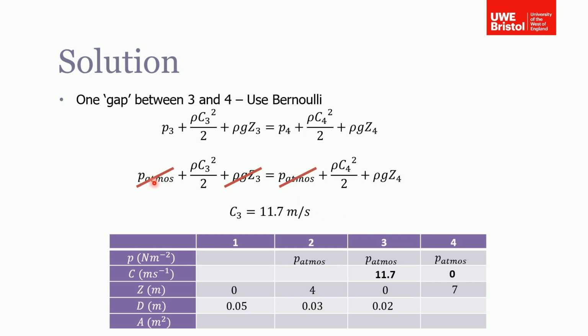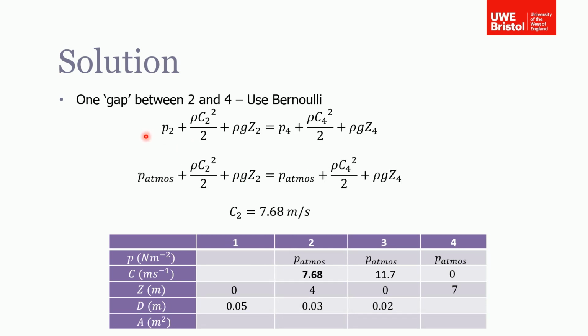We've got atmospheric pressure on both sides, so they will cancel. And also C4 is 0, so that term will also cancel. So we now just have C3, which we're trying to find, and is a function of rho g z, which we do know. If you rearrange this for C3 and plug in the values, you should get an answer of 11.7 meters per second.